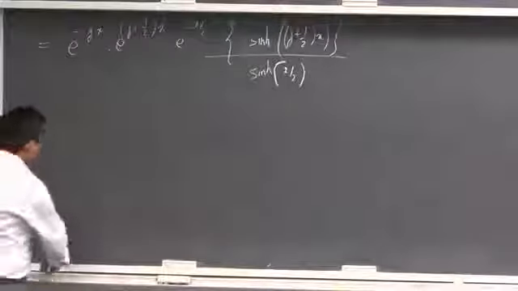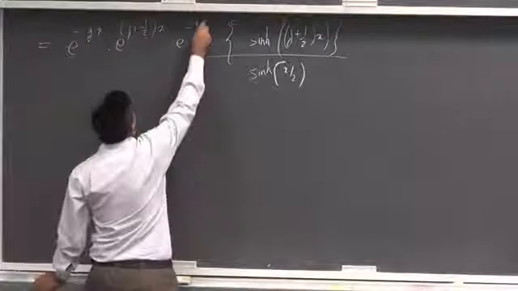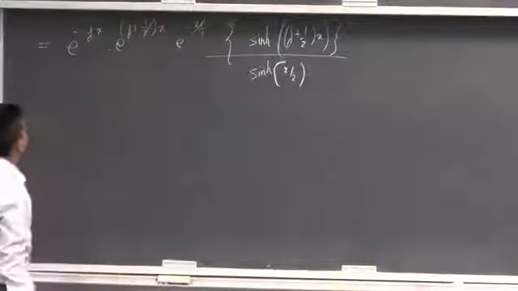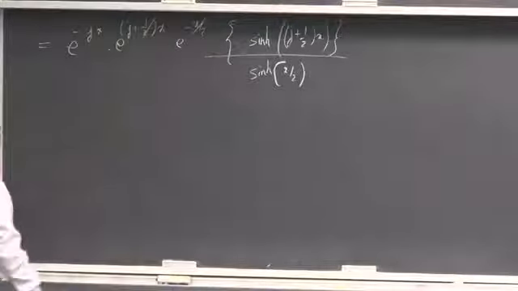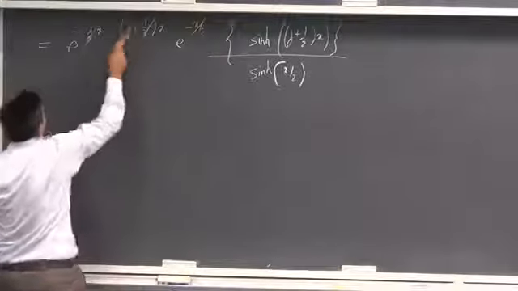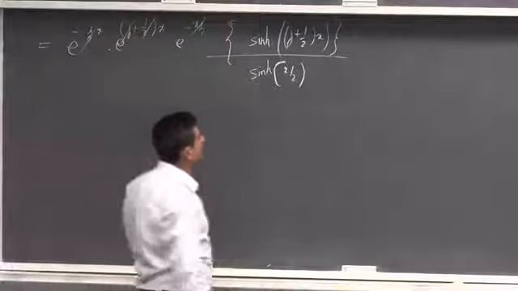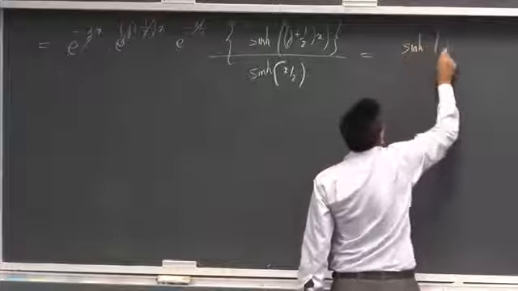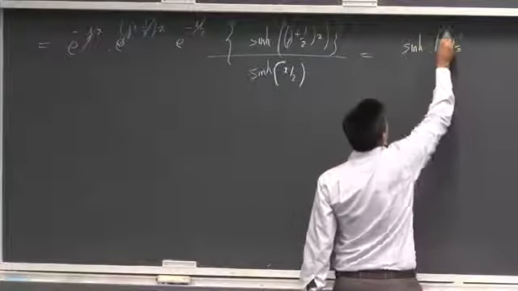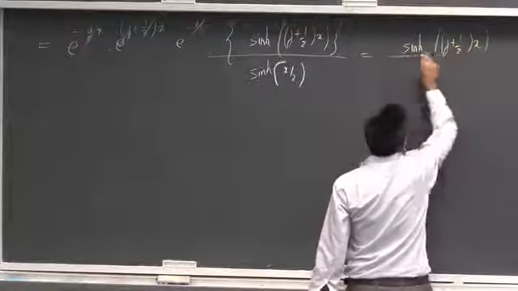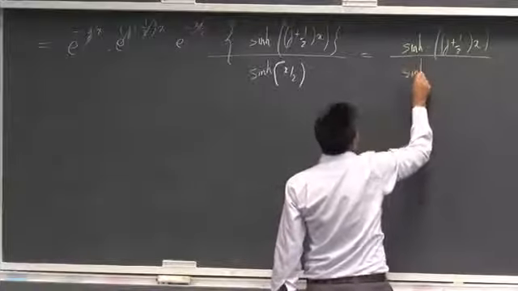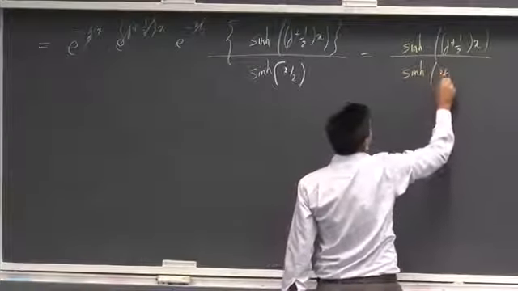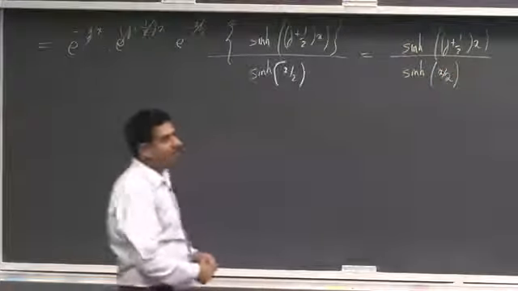And I can simplify this a little bit. So this just goes away, and I'm left with the partition function, which is sinh of (J plus half) x divided by sinh of x by 2. So I've calculated the partition function.